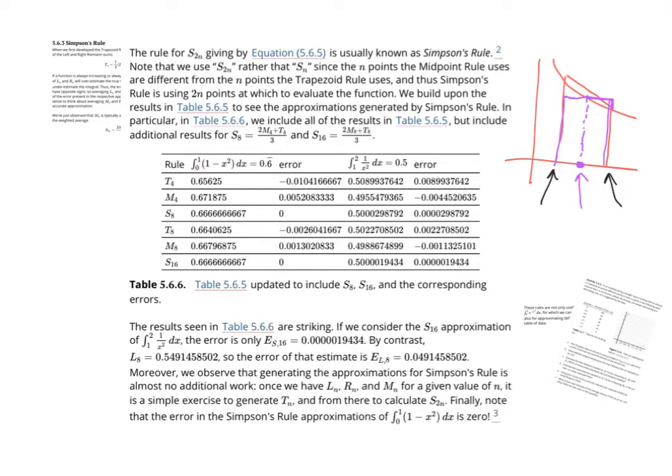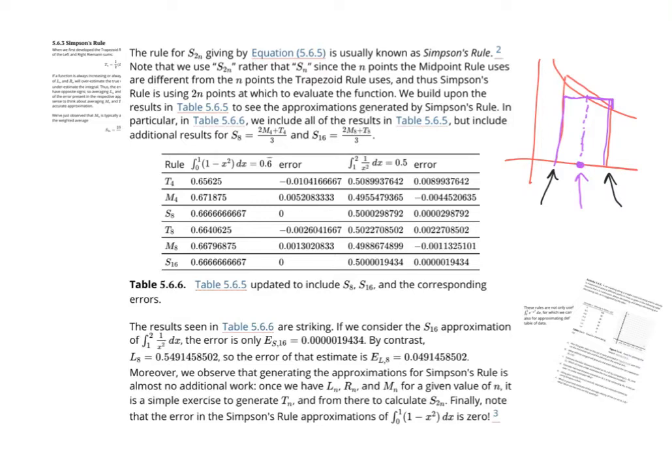If we looked at a different integral, in this case, the integral from 1 to 2 of 1 over x squared dx, whose true value is 0.5, look how many zeros there are in the Simpson's rule errors in comparison to the zeros in the errors for the midpoint rule and the trapezoidal rule. Big difference. So by combining the rules in this way to make Simpson's rule, we're doing a lot better.